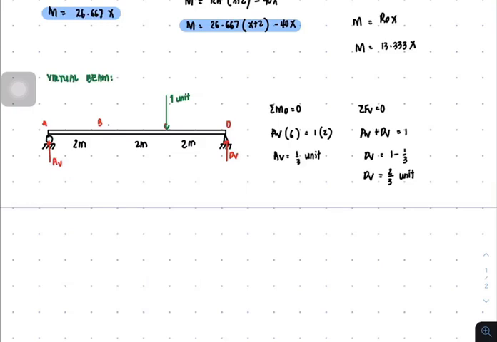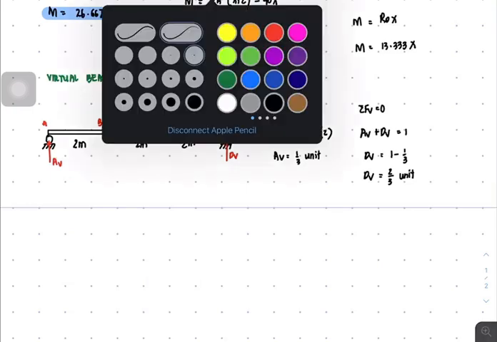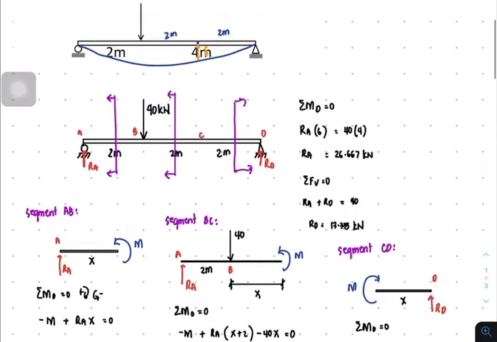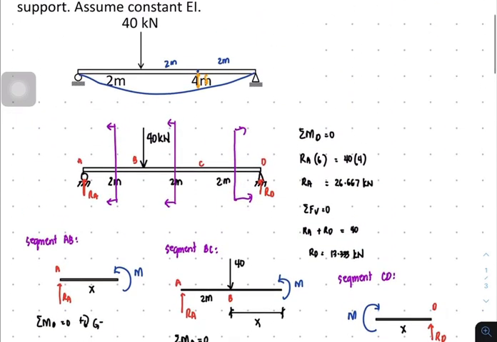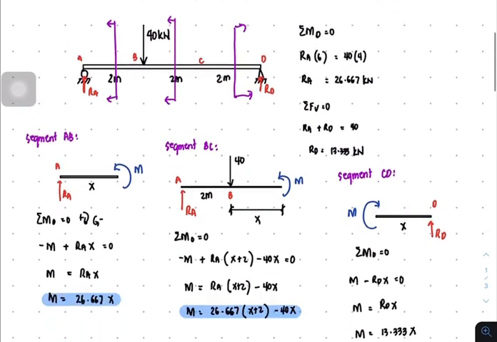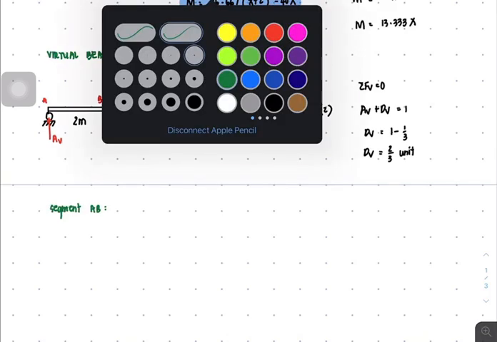Okay. This time, we are going to draw now the next segment. So same segment AB. But this time, the segment, you have to follow this. Its direction, the consideration in segment AB is on the left side.